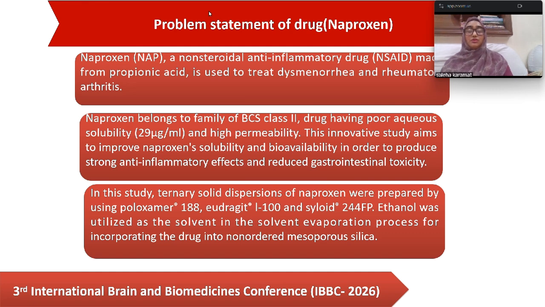Naproxen belongs to BCS class 2, drugs having poor aqueous solubility and high permeability. The innovation of this study is to improve naproxen solubility and bioavailability in order to produce a strong anti-inflammatory effect and reduce the gastrointestinal injuries.